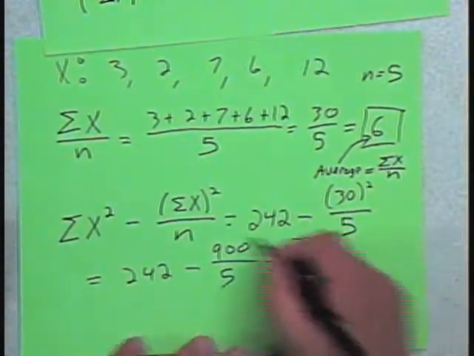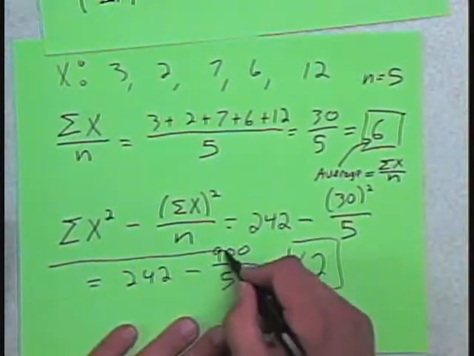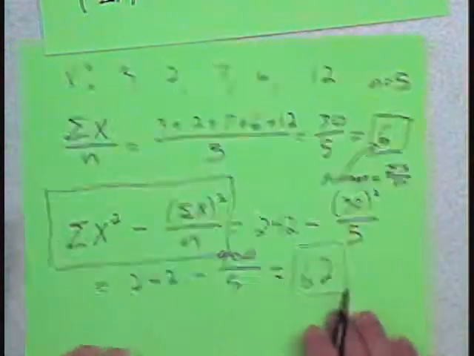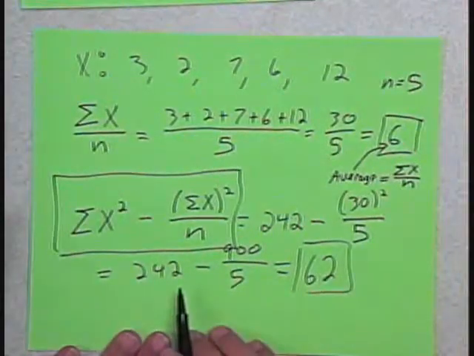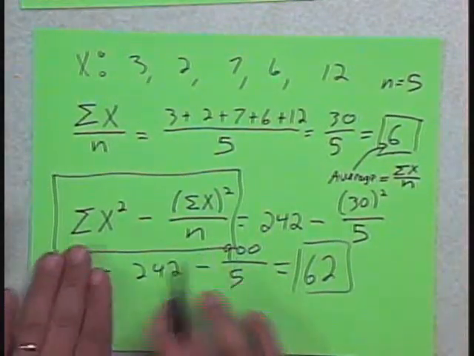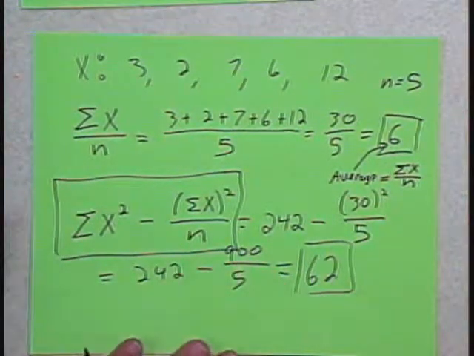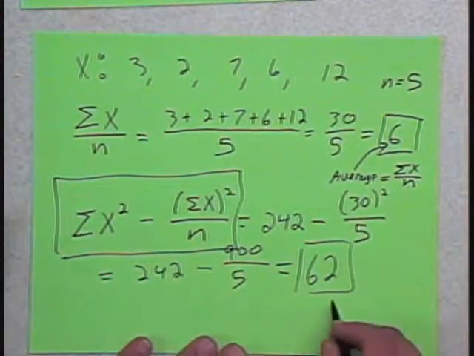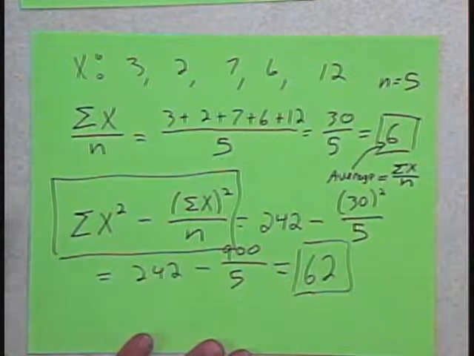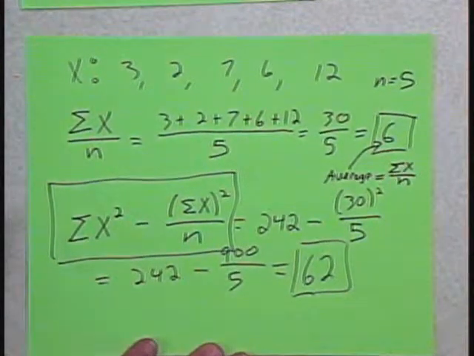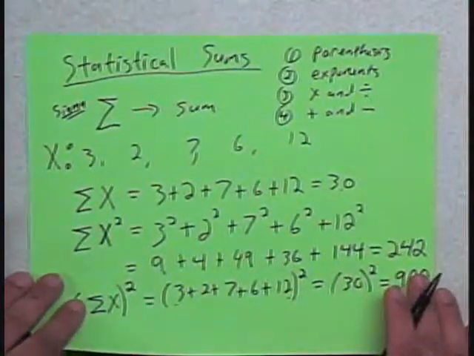So this is a formula that gets used many, many different ways in statistics. And I know it seems a little weird right now, why this combination, but it just is a very important formula, and it gives you a single number. Okay, just like that. So these are the main sums that I want you to be able to do.